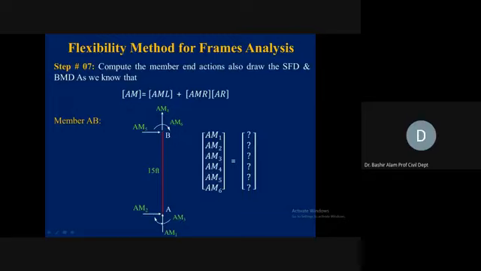So upward, then rightward, and then the moment. This is now my order of AM1, AM2, and AM3. At B, when we come upward, rightward, and then moment, again that order is followed. So AM4, AM5, and AM6 we have.